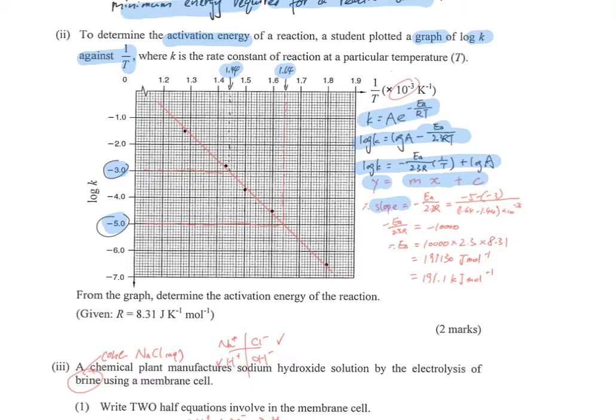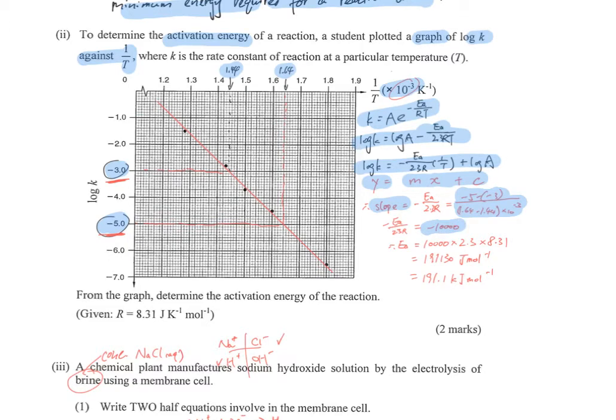So the slope equals negative 5 minus negative 3 over the corresponding x coordinates, and then don't forget times 10 to the negative 3. After that, the answer is negative 10,000.